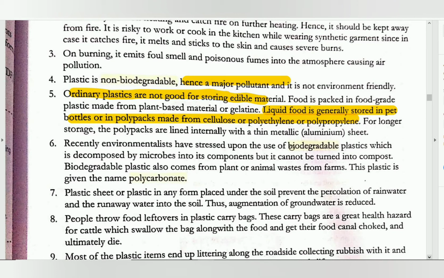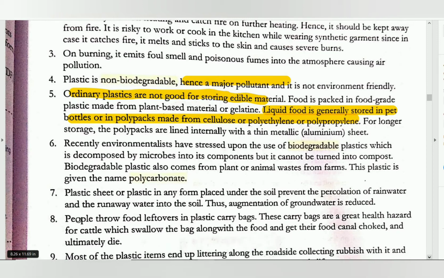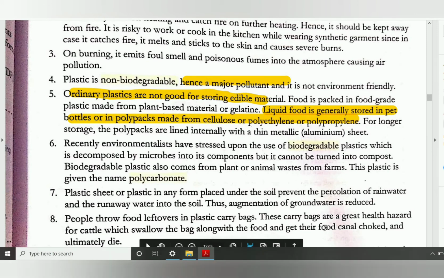Next one is, as we know, plastic is non-biodegradable, so it is harmful for our animals and plants. Plastic sheets can prevent soil from the percolation of rainwater. Next one is, people throw leftover food in plastic carry bags, which is very harmful for the cattle as they swallow these carry bags along with the food and their canal gets blocked due to this.